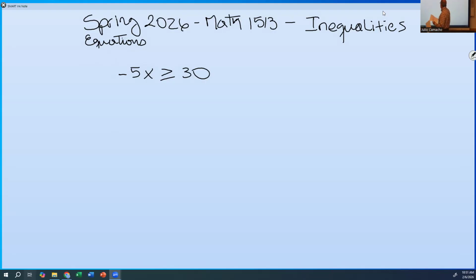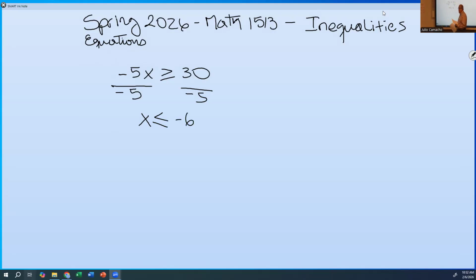So in this case, to solve for that, you have to divide both sides by -5 to isolate your x. So your answer will be x, but before putting this number, you need to change the direction of the sign. And then positive 30 divided by -5 will be -6.